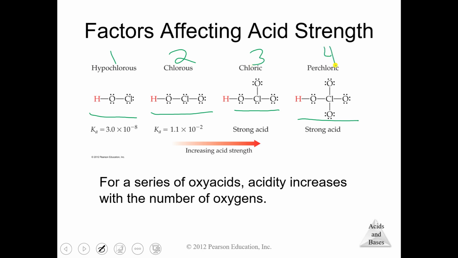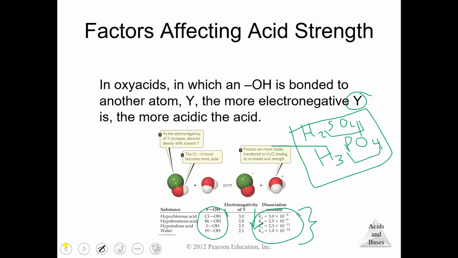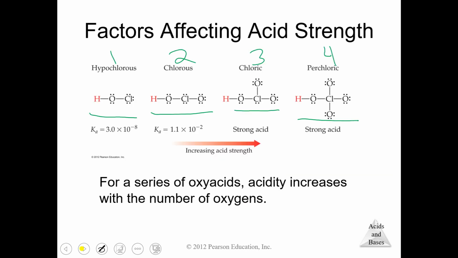The more oxygens that are present, the stronger the acid. That's partially the reason H2SO4, with that first deprotonization of the hydrogen, is so strong. So when we look at these, your rule of thumb is that with oxyacids, the increasing number of oxygens surrounding the anion, the stronger the acid.